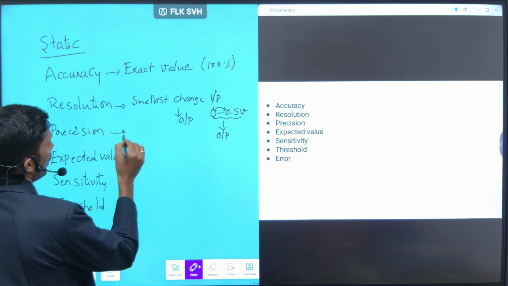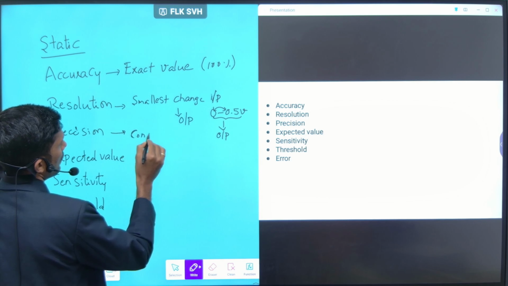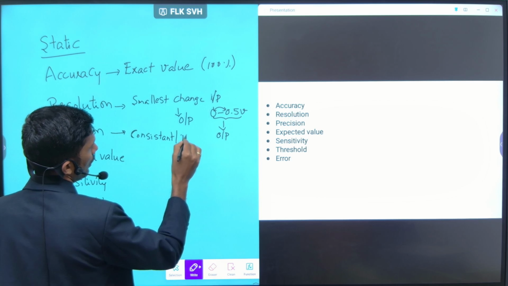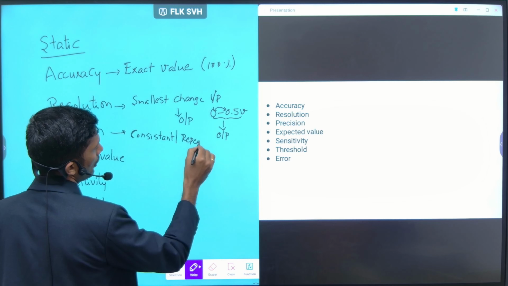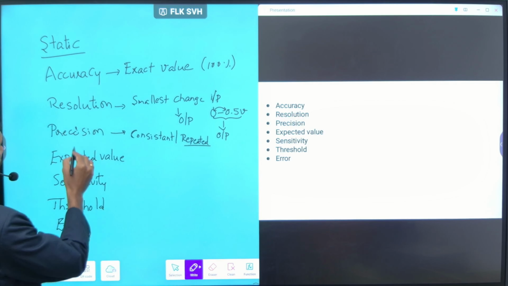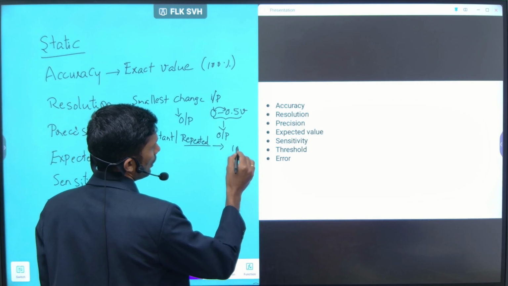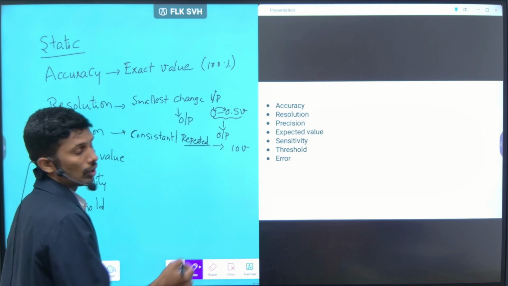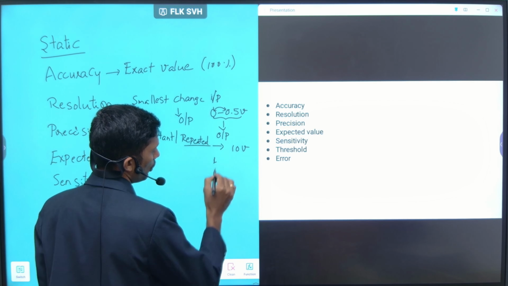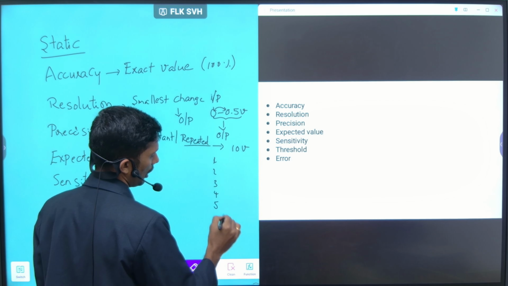The next one is precision. Precision means a consistent or repeated value. For example, your output is 10 volts, and you measure the quantity 6 times.